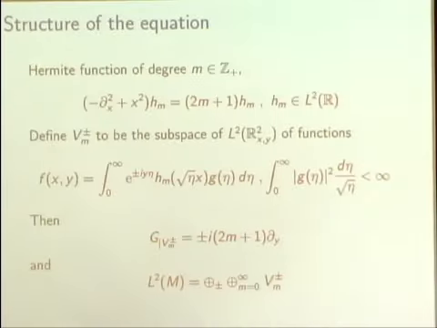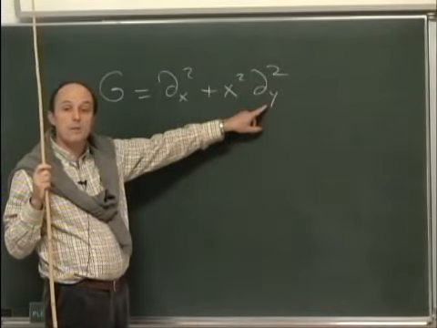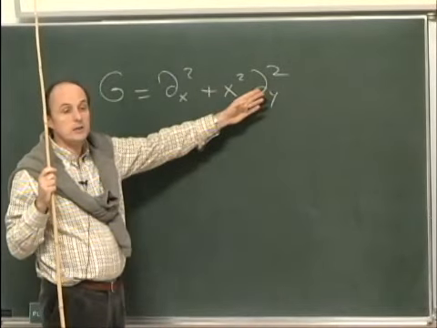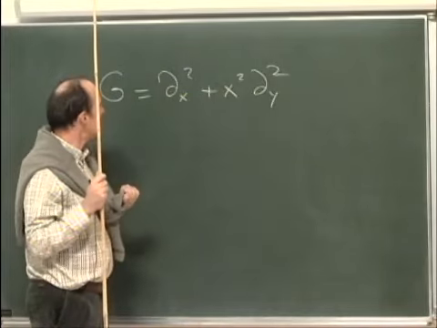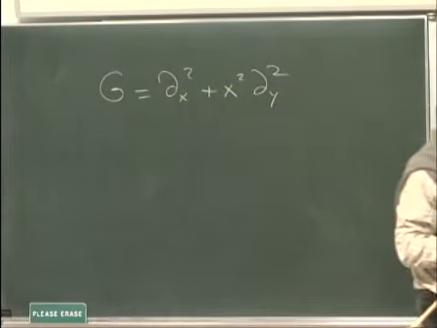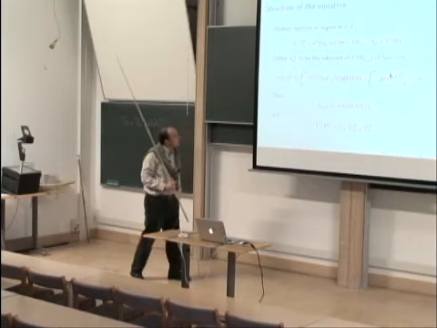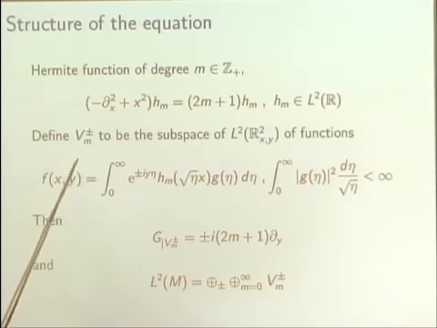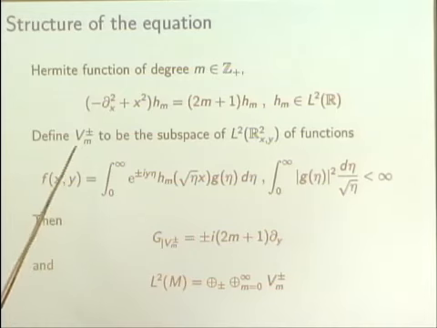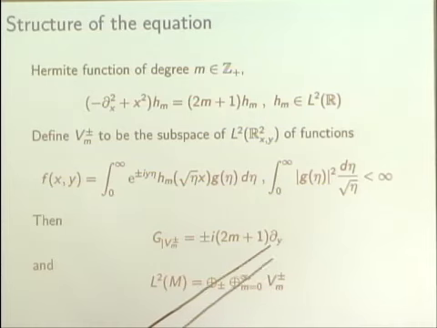Just because if you look at this operator, if you use Fourier transform in the y variable and make some scaling, you will be reduced to study the harmonic oscillator, okay? So if you introduce the eigenfunctions of the harmonic oscillator, the well-known ones, and you model some subspace of L2 with these eigenfunctions, you get that on this subspace, which is an infinite dimensional subspace, G acts as a transport operator.